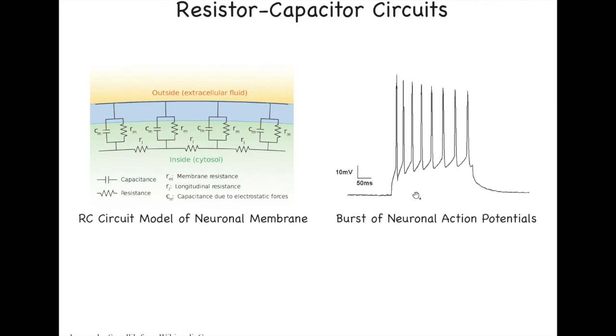And as you can see, when we do measurements on the voltage and current behaviors of membranes, you can begin to see these exponential rises in the membrane potential and these exponential decreases. And then these spikes here are because of active components that lead to action potentials. But you actually can see here, even in these, if you zoom in on them, you would see RC-like behavior on both the upslope and the downslope.